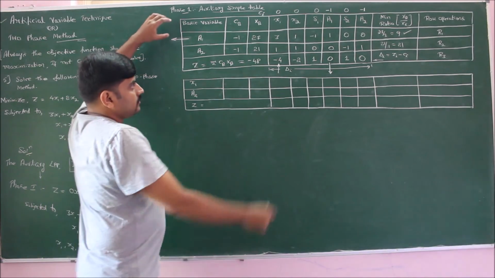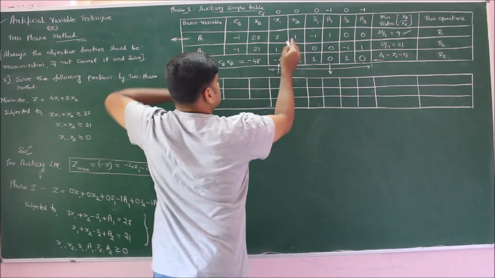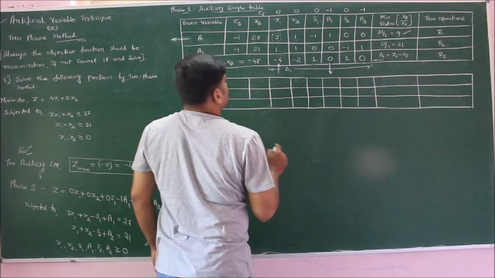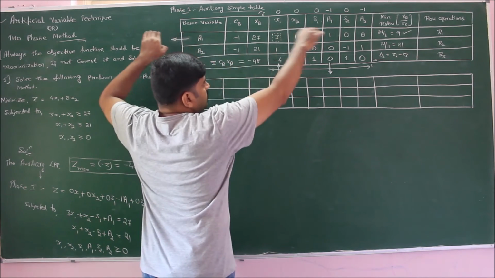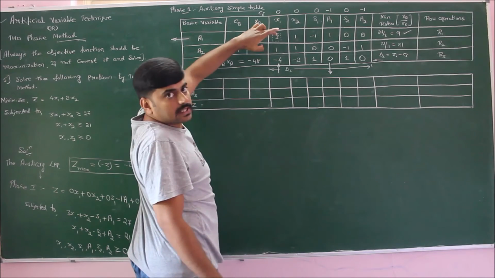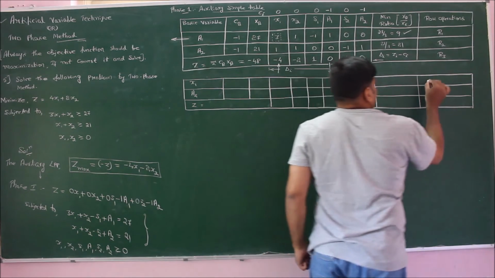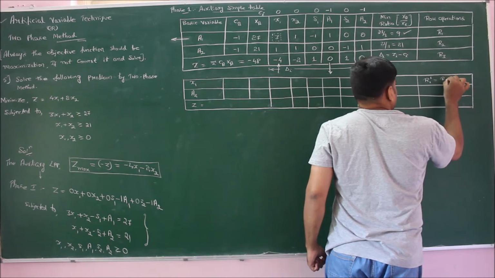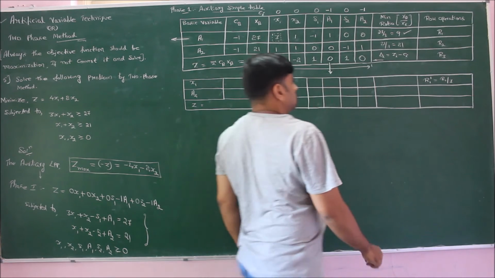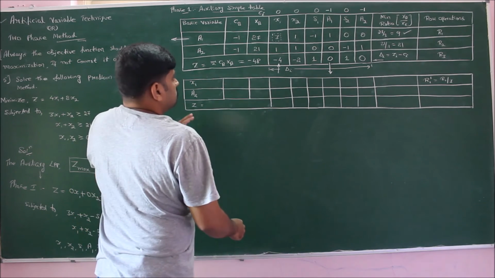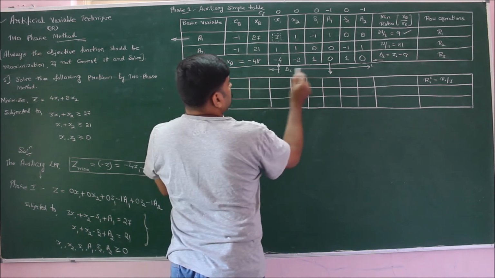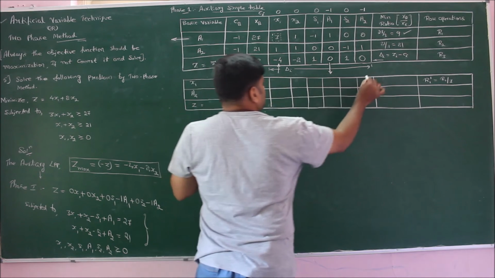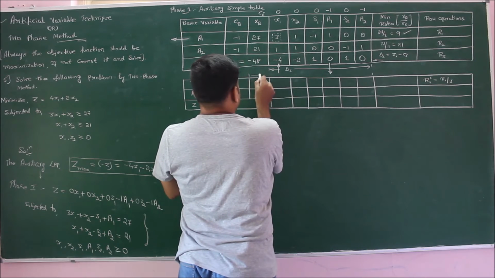Now the key element for us is 3. First I should take this as the key row by making this key element unity. So the key row is r1 dash, which is equal to old r1 by 3. That I should calculate from xb to a2, so from here to here we will be performing the row operation.